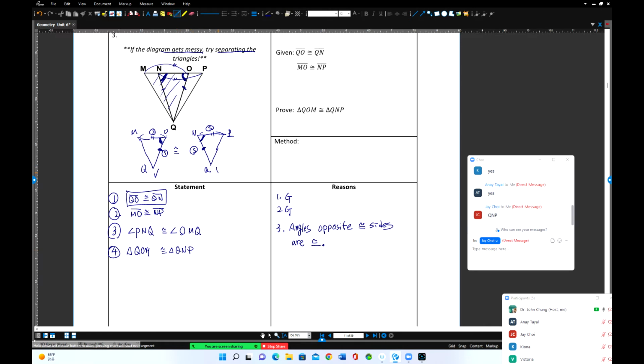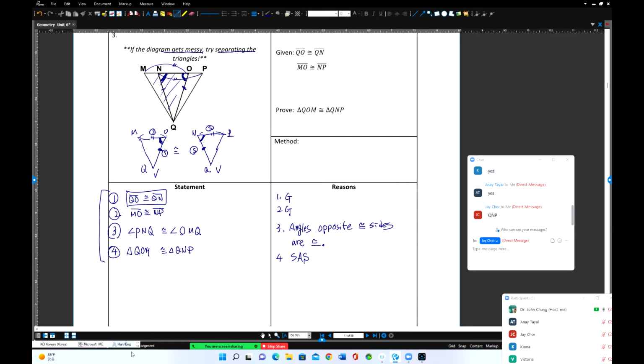The reason is very short: side, angle, side. It looks complicated, but there are only 4 steps. So the idea is, when you have a diagram that gets messy, try to separate the triangles. That looks easier.